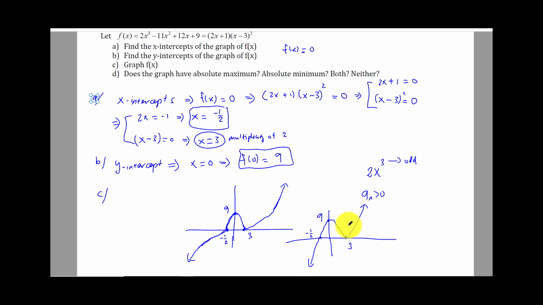Remember, any time that you are solving for the absolute max or the absolute min, we need to have a closed interval. But here we are considering all the way from negative infinity to positive infinity. So we don't have a closed interval.